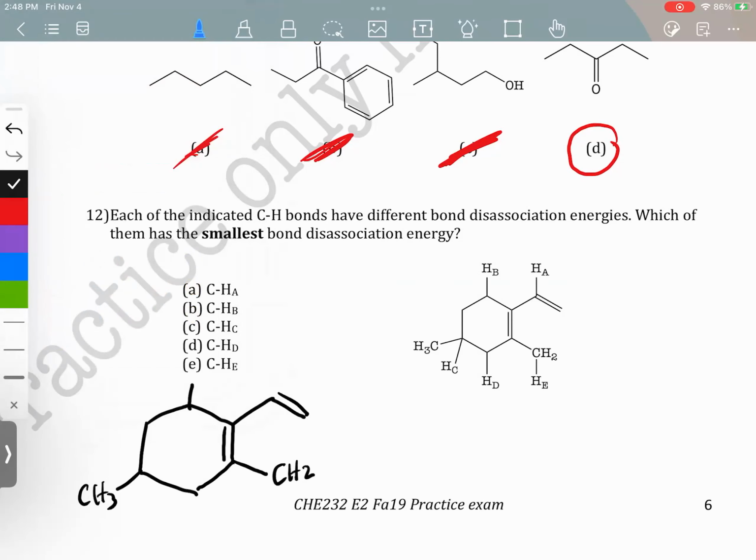So in this case, when you break the hydrogen bonds from these carbons, you form radicals. Let's represent the radicals as one electron dot for each. There's a radical here, here, here, here, and one more. These are all the radicals formed after those bonds are broken. Now they're asking you, when you break one of these bonds, which one took the smallest amount of energy?